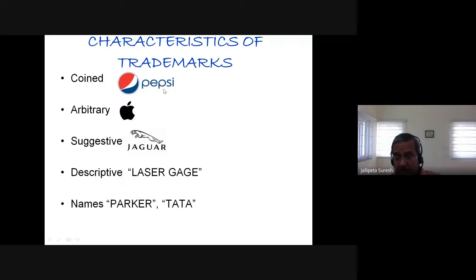Or a suggestive mark like Jaguar. That is to say that this particular vehicle is as fast as Jaguar. So you're suggesting that, like, say, for example, Hercules for cycle, to say that the cycle is strong as Hercules. Descriptive marks are considered to be weak marks. Say, for example, if you have a laser gauge, you can call it as a laser gauge. So they are very weak marks. And one can also protect names as trademarks.